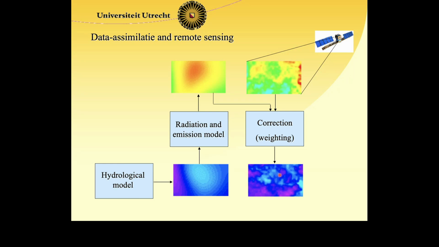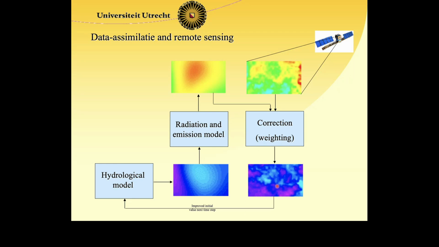And this can be done recursively with a Kalman filter, or probably, because this is non-linear and the model is non-linear, you probably use an ensemble or a particle filter, usually an ensemble Kalman filter, and then it's used to improve.